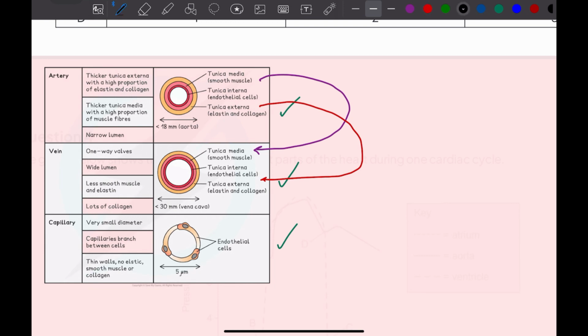And for capillaries, we have a key point: we don't have any elastic fibers, smooth muscle or collagen. Why?